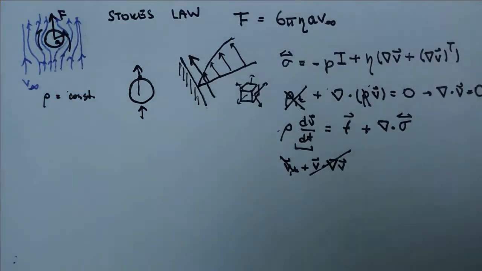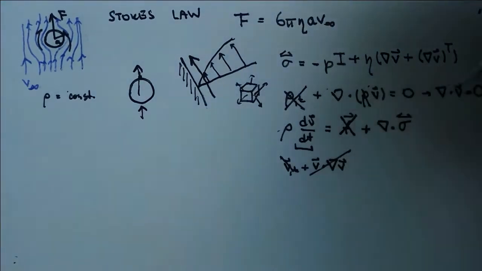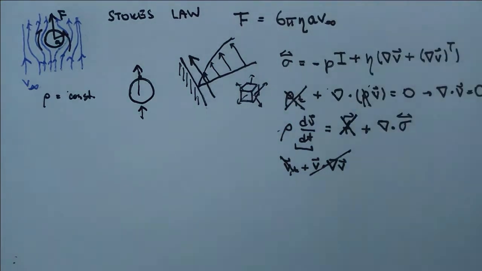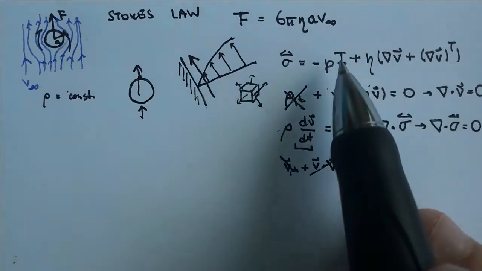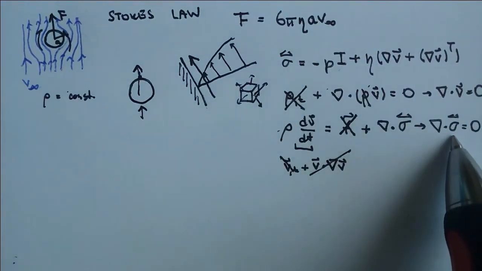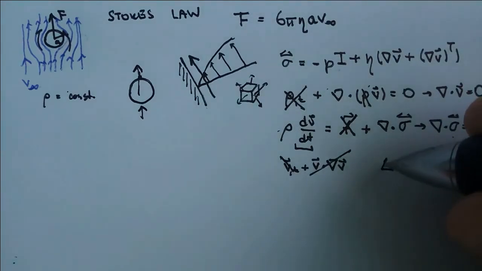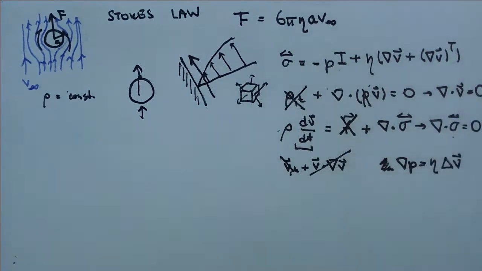So next, we also neglect the volume forces, which are 0, and this gives the equation of momentum balance. If we substitute this constitutive relation into this momentum equation, we will get this equation: the gradient of P is equal to eta times the Laplacian of V. That's our equation.